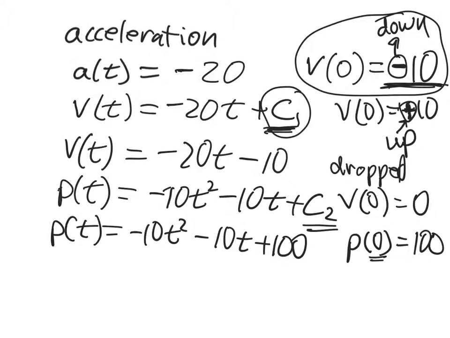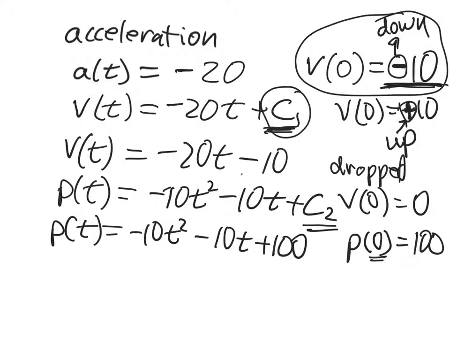Well, what can we say about an object when it stops? It has zero velocity. Okay, the velocity at that particular time would be 0. So that gives us another known value that you'll be able to set your velocity equal to.